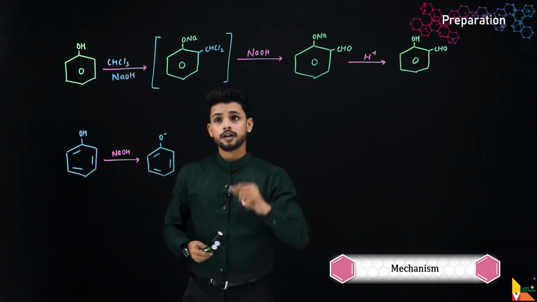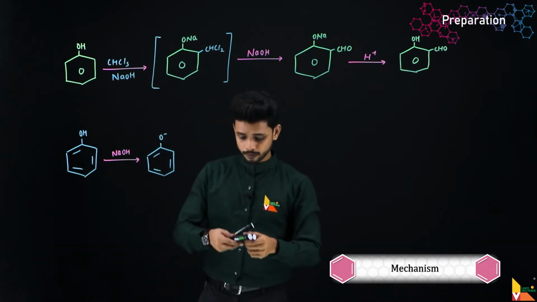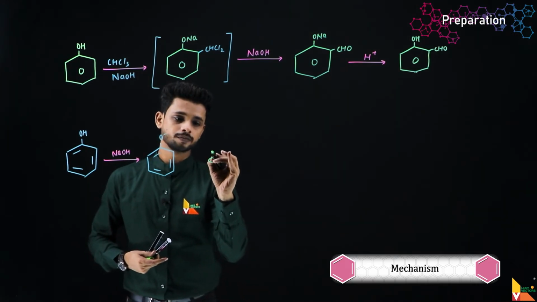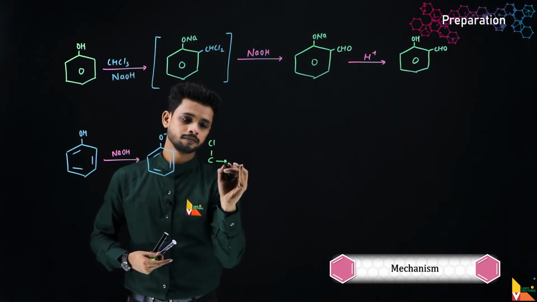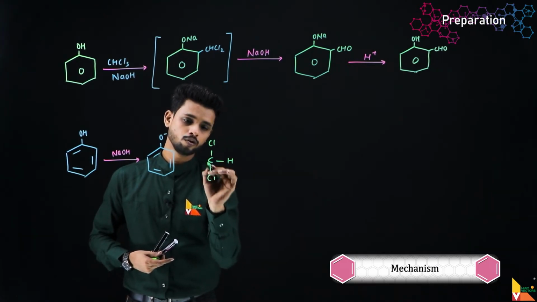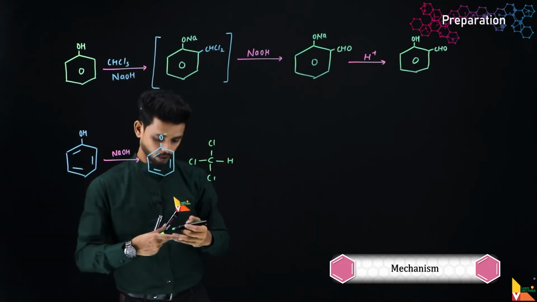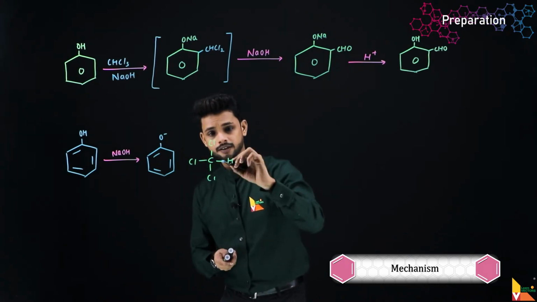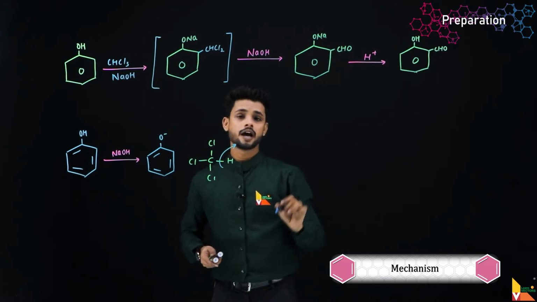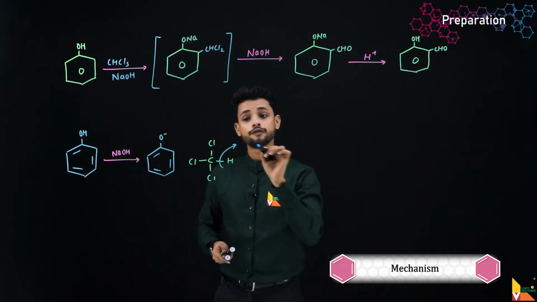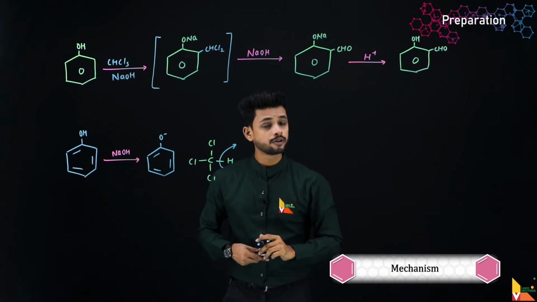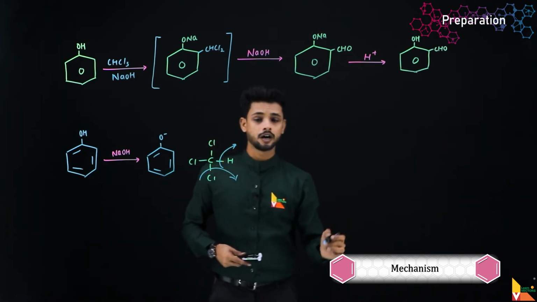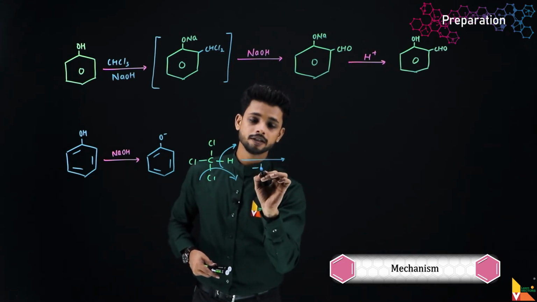Okay, now the next reagent introduced was this chloroform. So let us have the chloroform here. Now chloroform has this structure: Cl, hydrogen, chlorine and chlorine. Okay, now in the first part we get this hydrogen released and there will be a development of negative charge on the carbon, and in the second step this chlorine also gets out in the form of chloride, minus HCl.